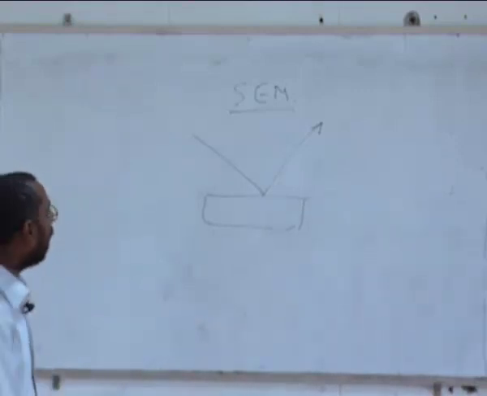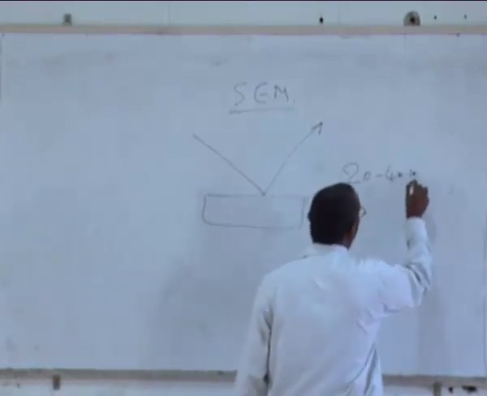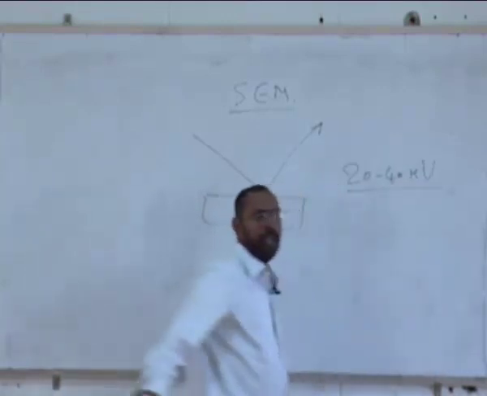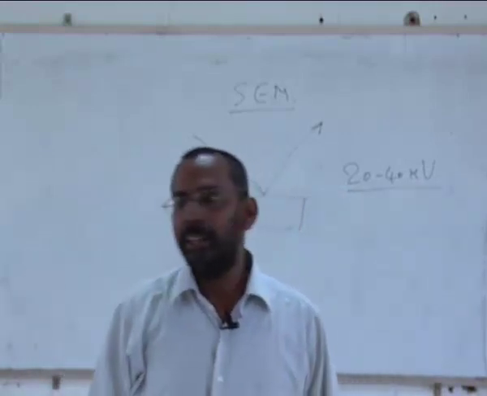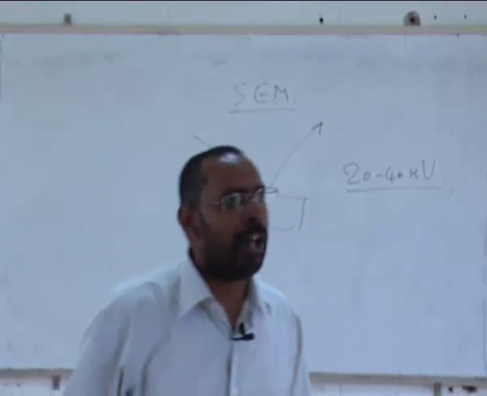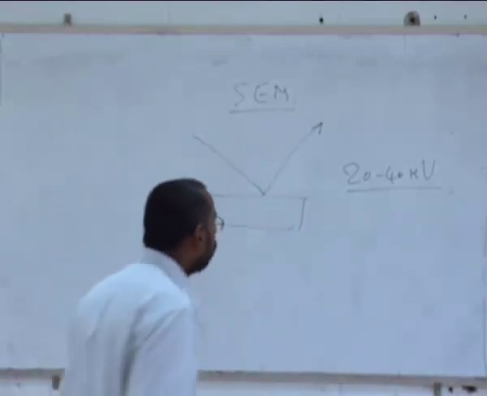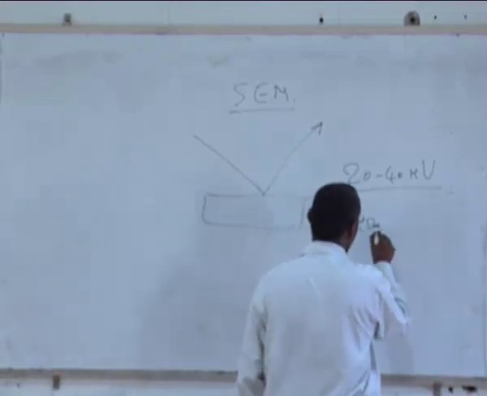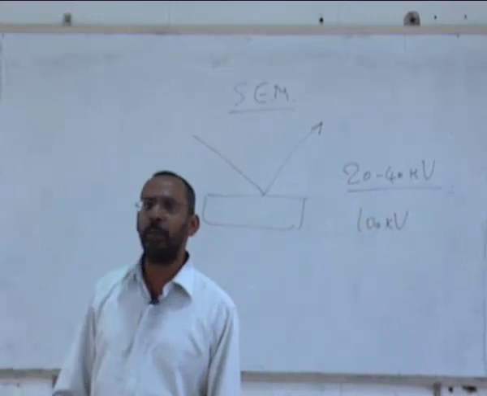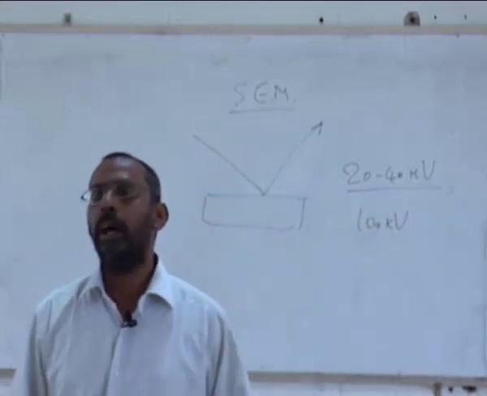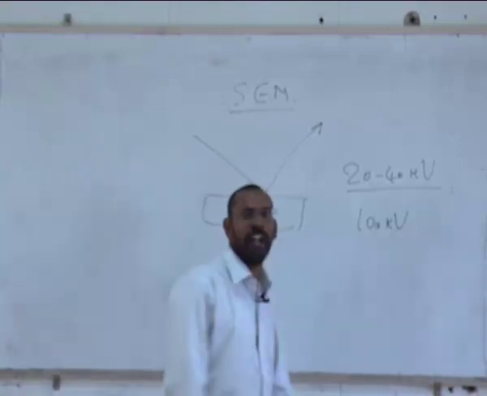In a SEM, we usually use only about 20 to 40 kilovolt energy, and as a result, the lambda is not as small as what you see in a TEM, because most TEMs start at 100 kV, unless you are using them for biological applications. For most materials science experiments, nowadays nobody uses even 100 kV.